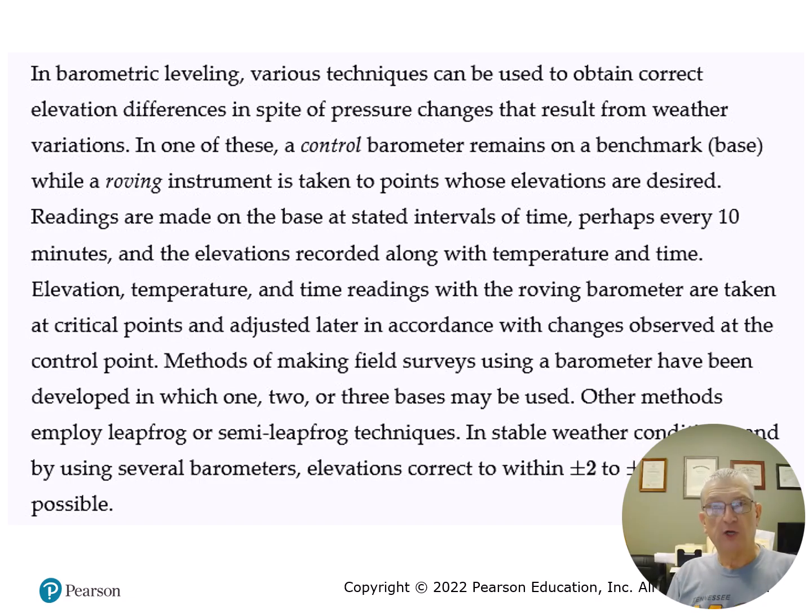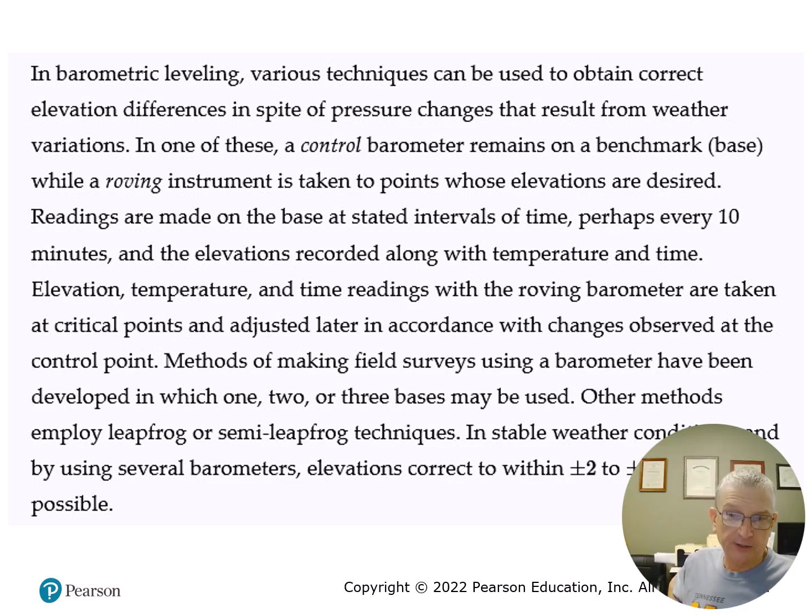So they figured out over the whole Earth, barometric pressure is actually very definable and predictable. And even if there was a tropical storm coming in, you came back a month later and there was a high pressure front coming in, the barometric pressures that you read would be different, but the difference in barometric pressure from that benchmark to the top of the hill that you're wanting to measure to, that's going to be fairly consistent and can be precisely measured.